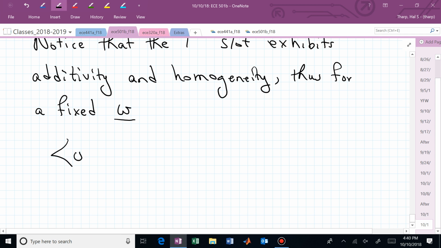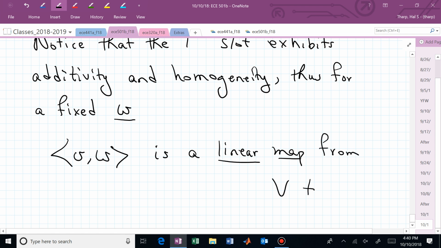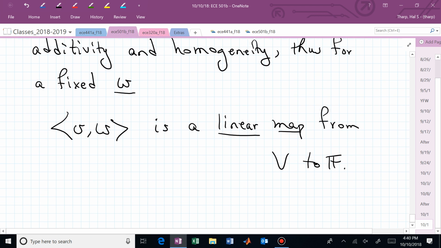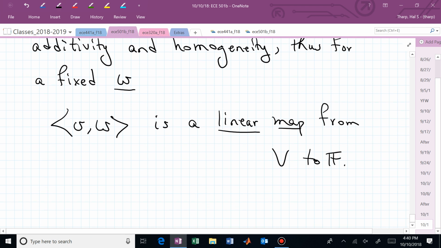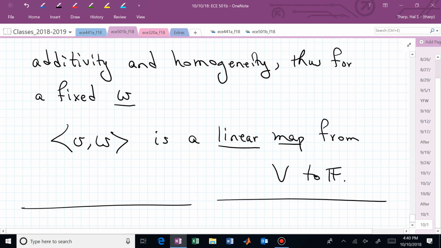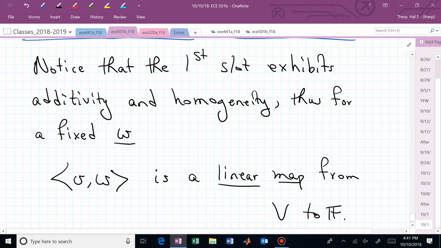So now if, using the inner product, w is fixed, you give me a vector v in this vector space, because of the homogeneity and additivity of vectors in the first slot, this now becomes a linear map from V to F. So if somebody was asking you to give them a linear map, you could now create an inner product and say, okay, here you go, here's a linear map, if you wanted to.